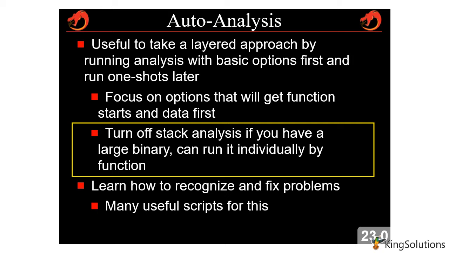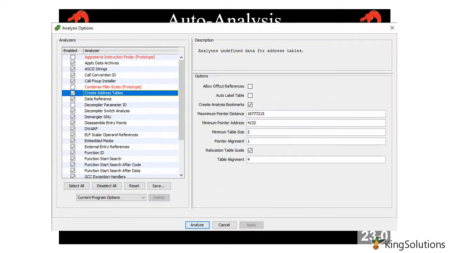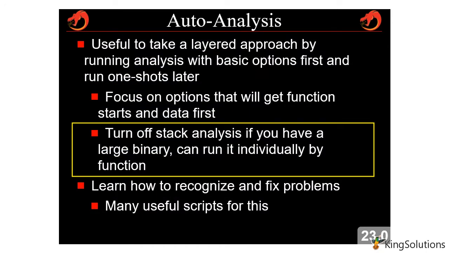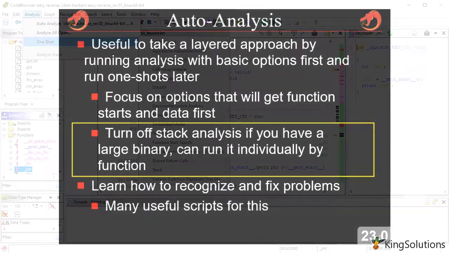You can turn these options back on after an initial analysis, and rerun analysis on selected functions or the whole program. In general, you should leave on reference, data, and function analyzers, in order to determine what is code, and what is data. In the follow-on analysis you can rerun analysis with different options.